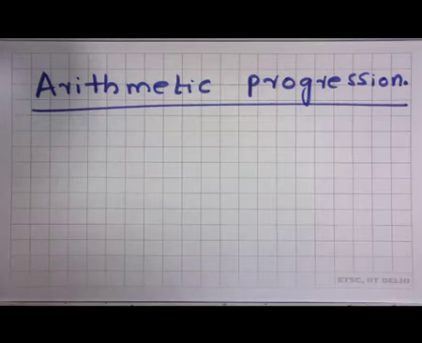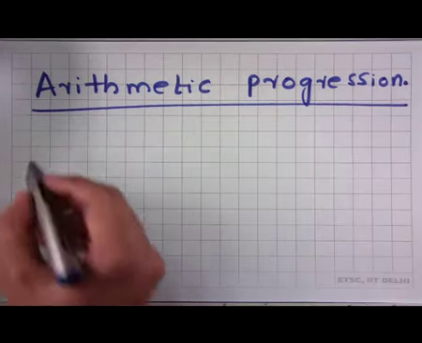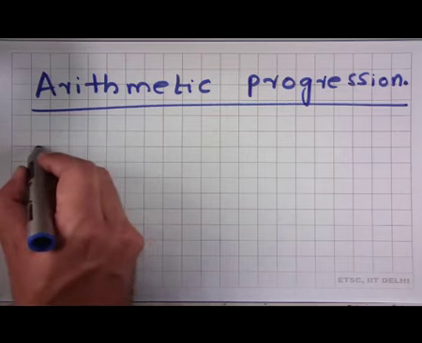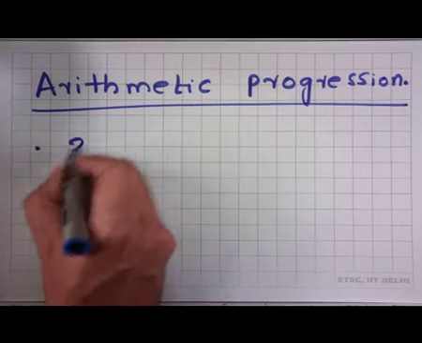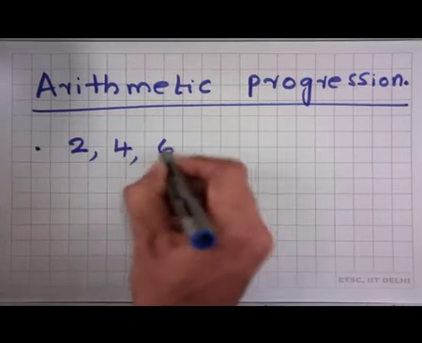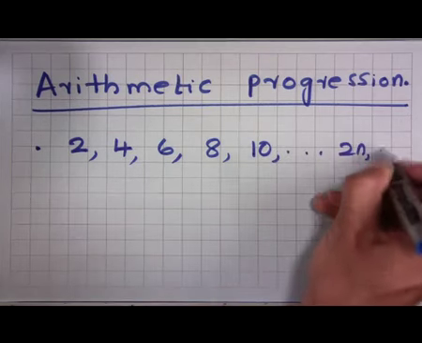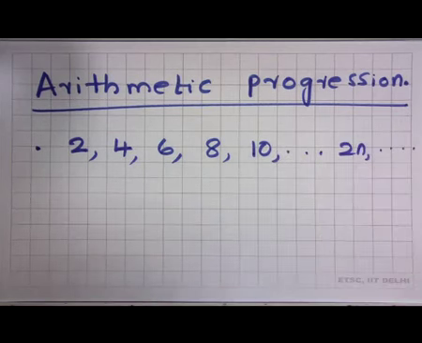Let us observe some examples. Consider the sequence 2, 4, 6, 8, 10, etc., 2n, etc. In fact, it is the ordered list of even numbers.